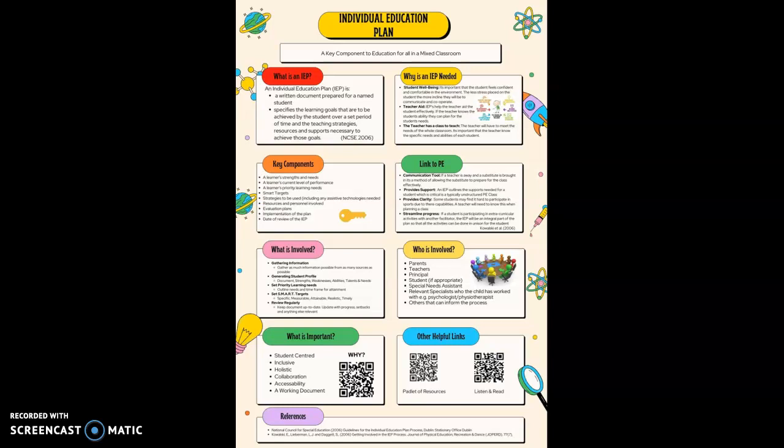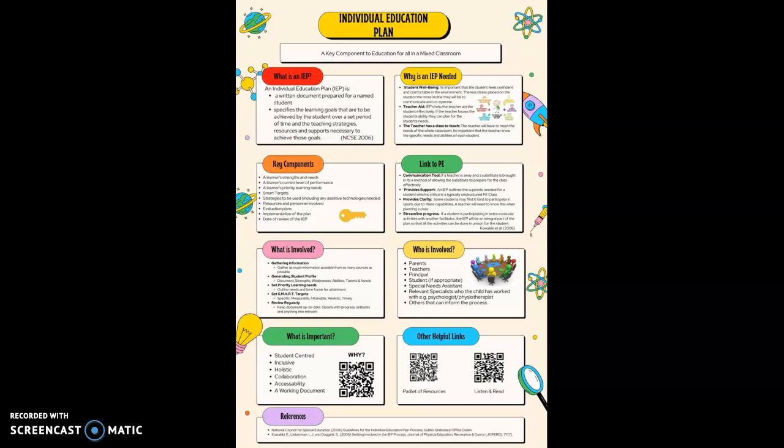And then finally, it can streamline progress. So if a student is participating in extracurricular activities with another facilitator outside of school, the IEP will be an integral part of the plan so that the activities can be done in unison for the student so the student will improve their needs.